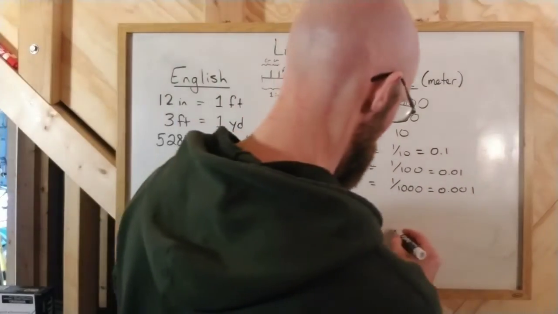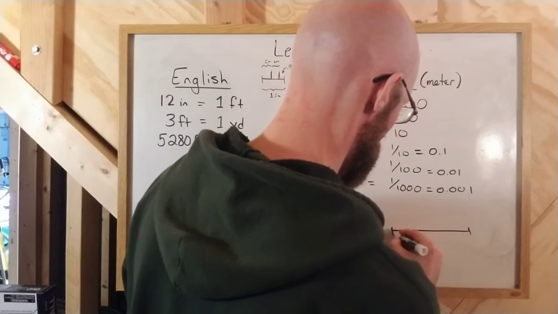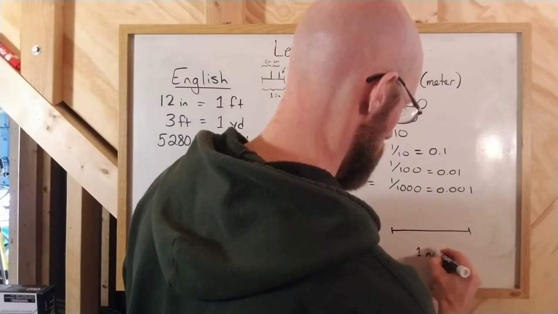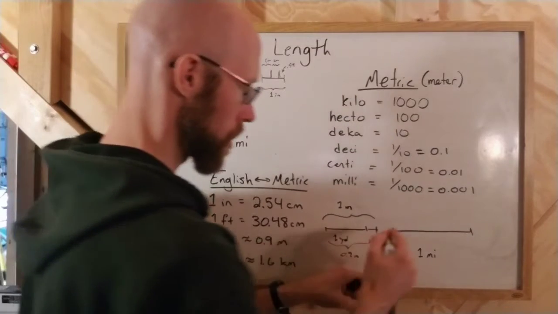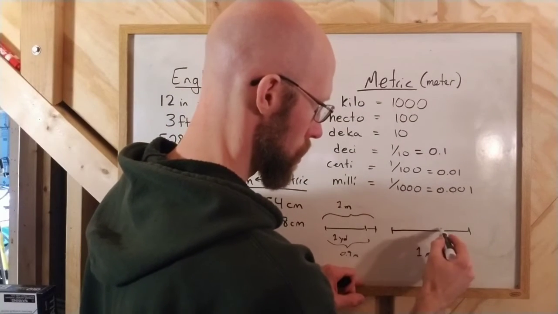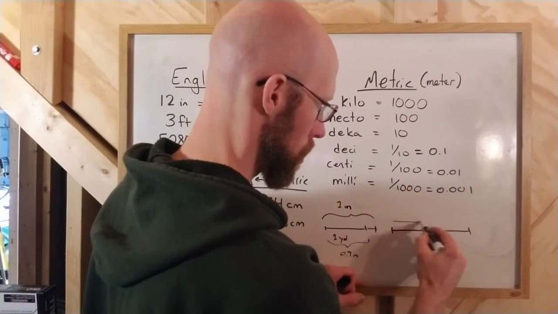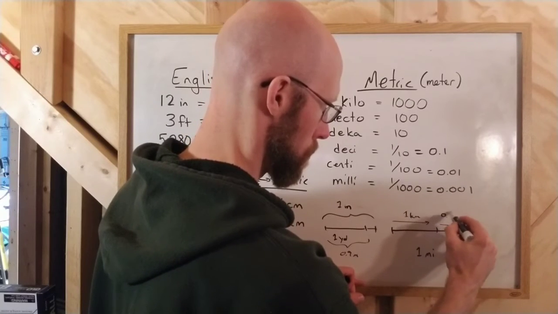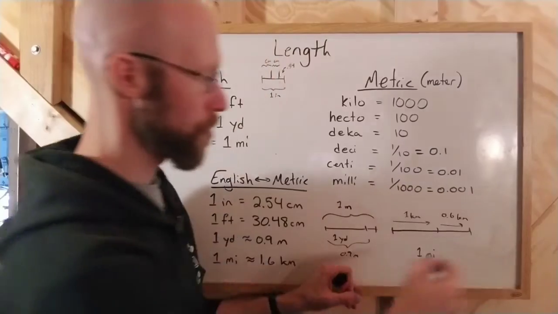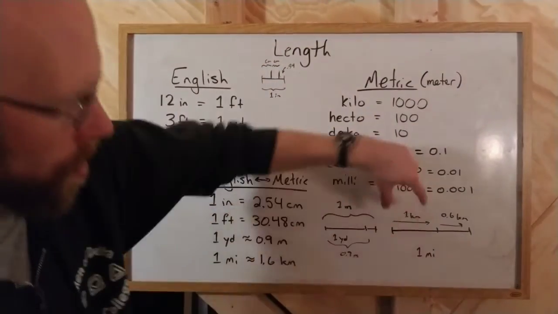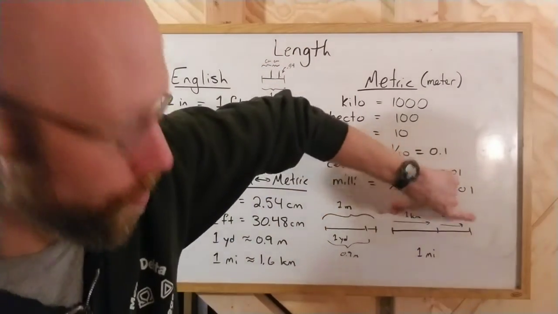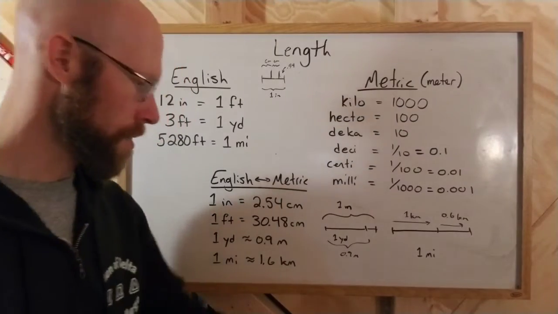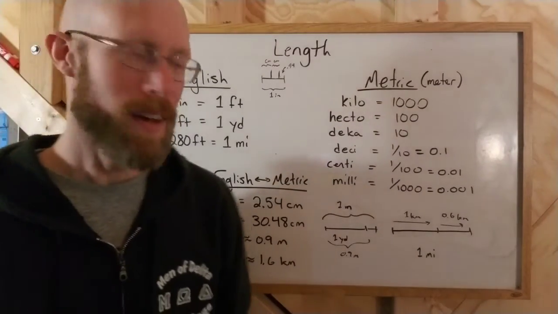All right, so for every mile you would be going the same as 1 kilometer and then another 0.6 kilometers, right? 1.6 kilometers is 1 mile, so 1 kilometer is definitely shorter than 1 mile. Okay, hopefully that kind of makes sense.